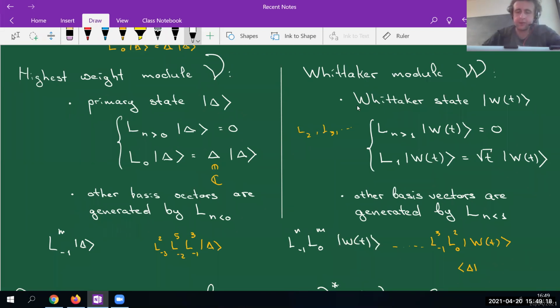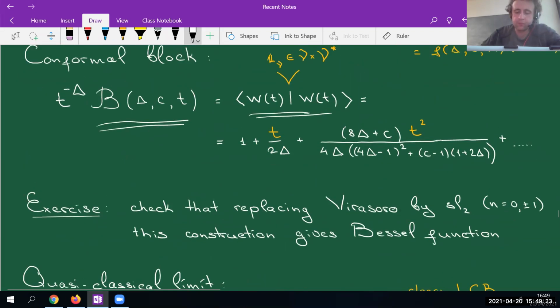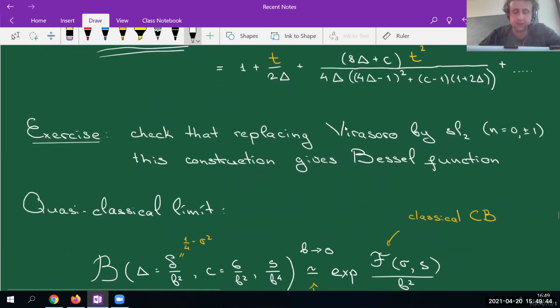So the exercise is to check that the corresponding conformal block for SL2 is nothing but the Bessel function. You can basically compute every term in this series explicitly and recover the known coefficients of Bessel.